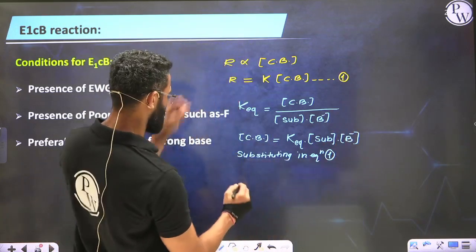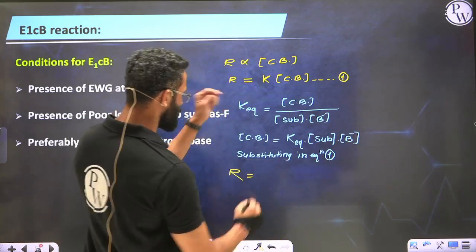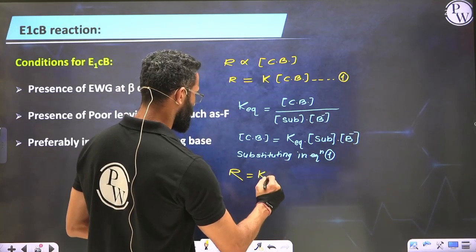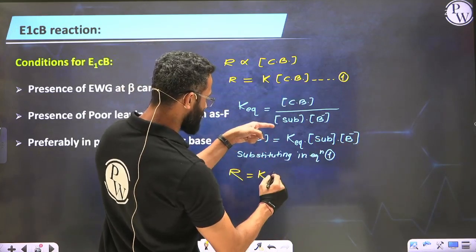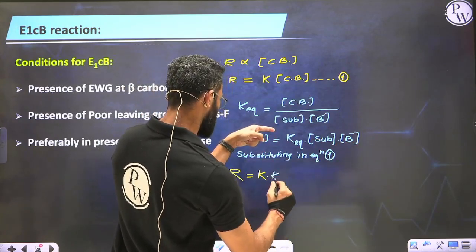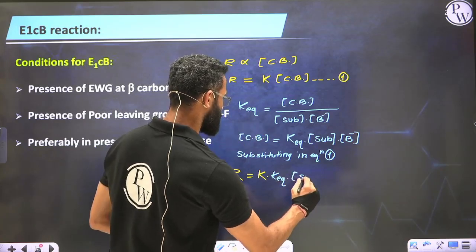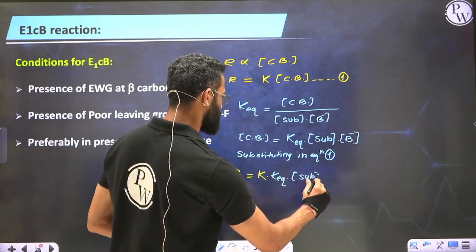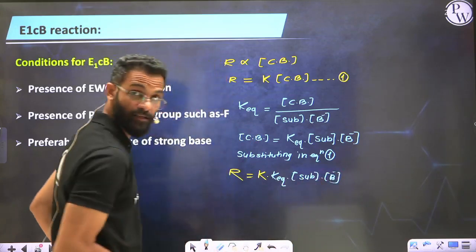The rate of E1CB is equal to K into the value of the conjugate base, which is this whole thing, meaning again you have K equilibrium into the molar concentration of substrate into the molar concentration of base.